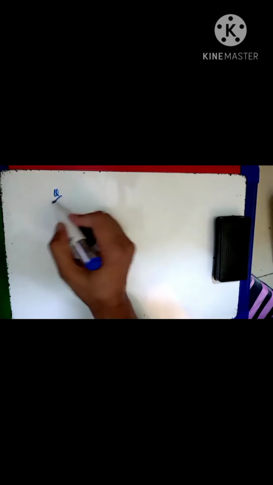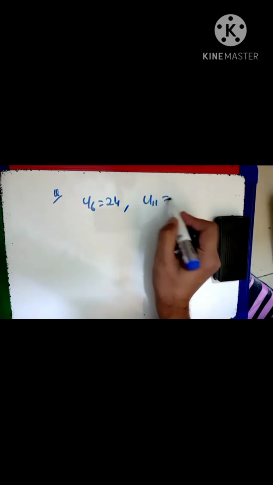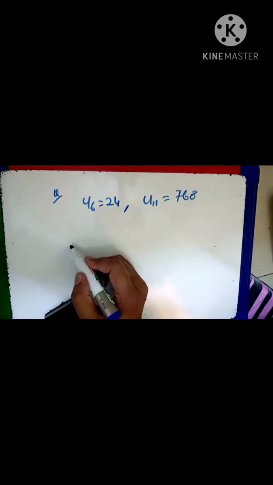So now I think you are quite comfortable with the sequences, right? Say if u6 equals 24 and u11 equals 768, I'm testing you. These are the two things given. Determine the general term of the sequence.